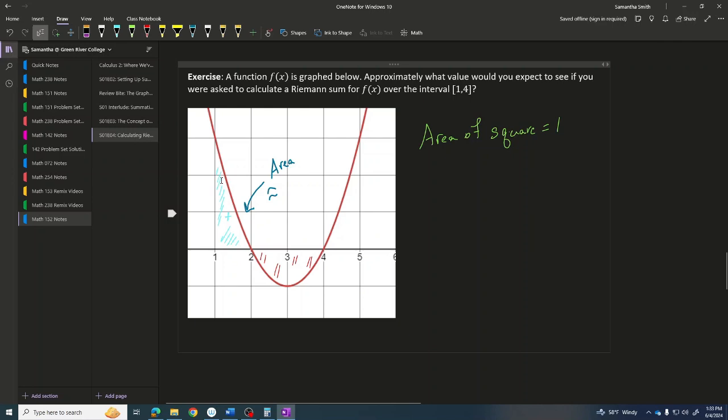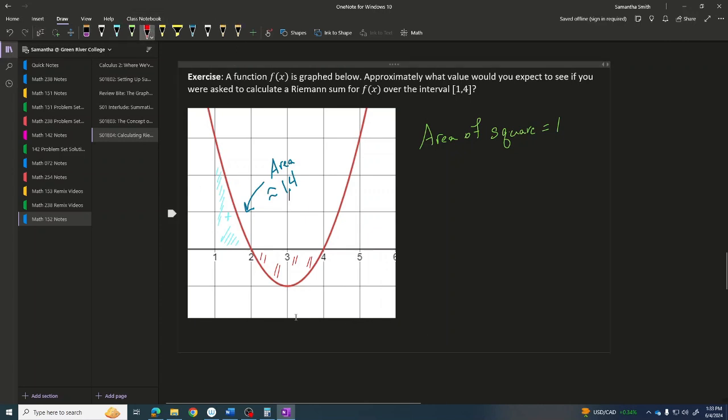And then this piece in the middle looks like it's roughly speaking about half a square or a little bit less than half a square. So just by counting squares, I would estimate this area to be maybe somewhere around like 1.4 or something like that.